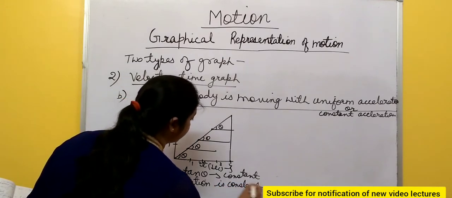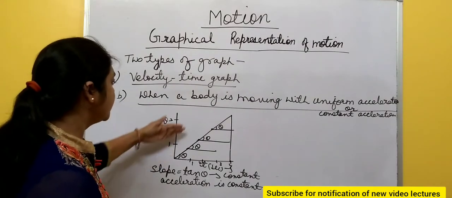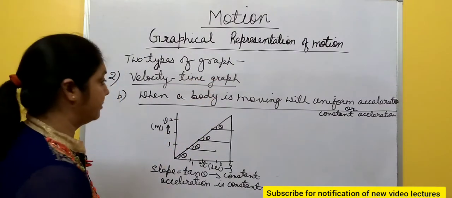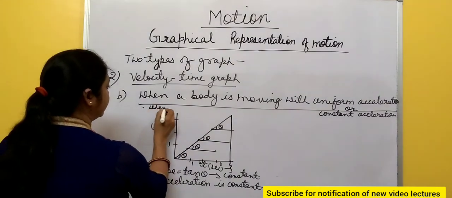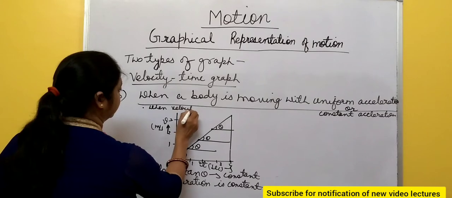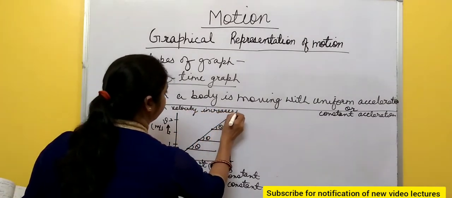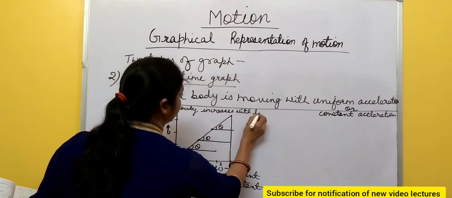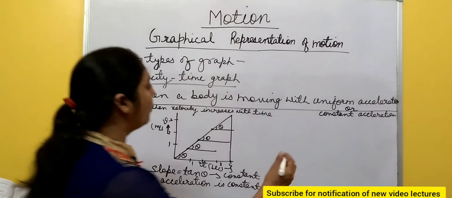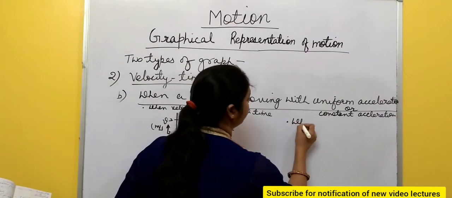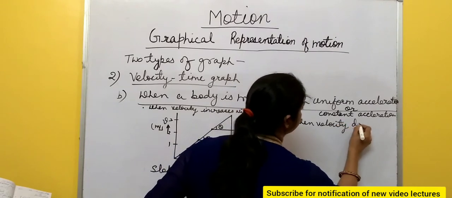This is the case for positive acceleration. Here the velocity of the body increases with time. So it gives positive constant acceleration. Now what happens when velocity decreases with time?